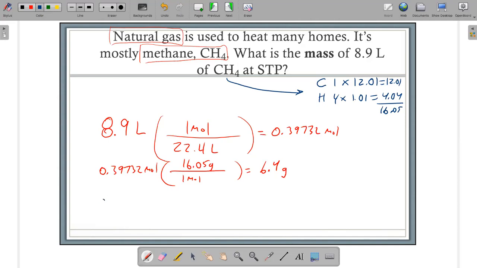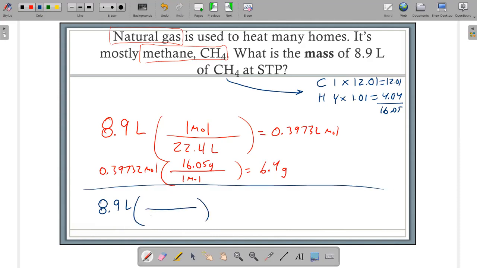A more efficient and smarter way to do the problem is if you just write 8.9 liters, you can first just convert to moles. 22.4 liters is the volume of 1 mole. And you've eliminated this unit liter, and then you can convert directly into grams. 1 mole has a mass of 16.05 grams. And then the unit mole cancels out.